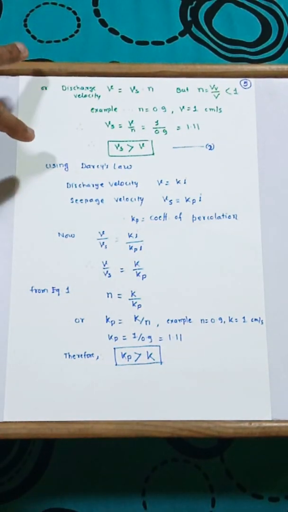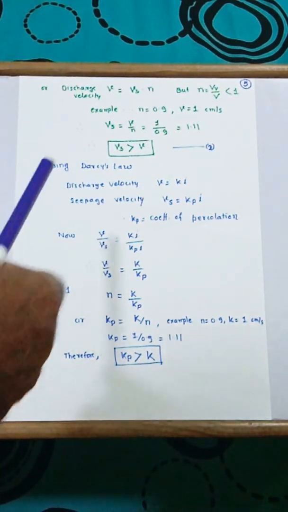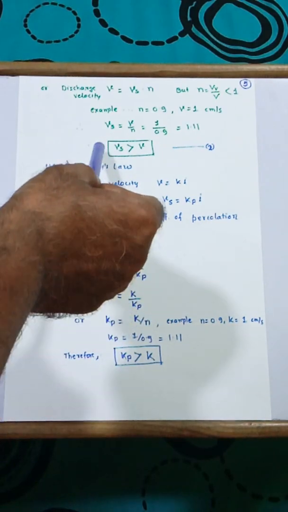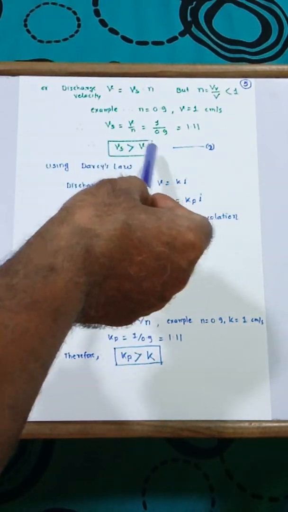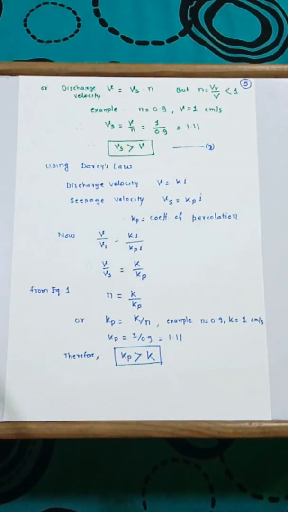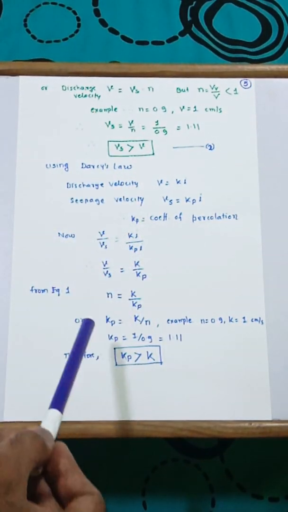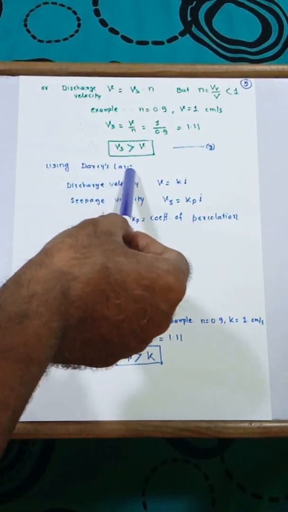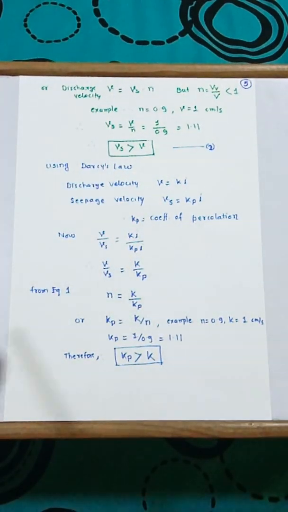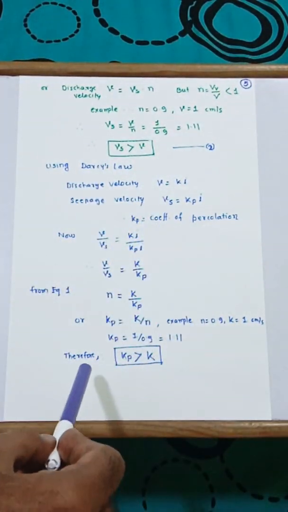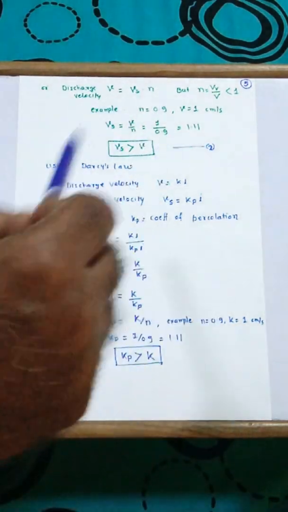So this is the first part of this relation, in which we discuss the relation between the velocities. Now, the same we extend for the soil, considering Darcy's law, which is in terms of a coefficient of permeability.